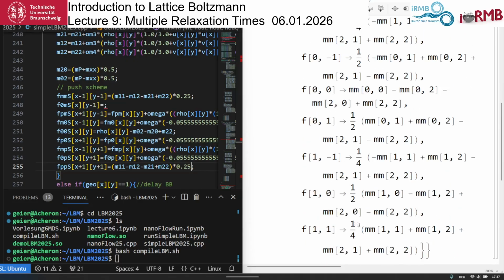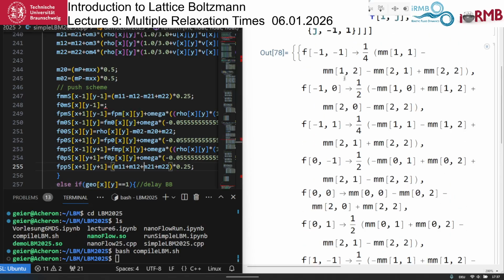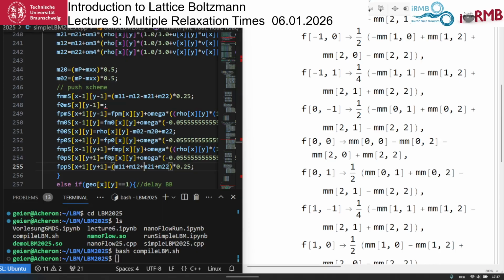Plus is M11 and the other two here with a plus, okay? So then let's go to plus minus. Okay, we see the same moments again. So I'll take this thing here out and put it to plus minus.